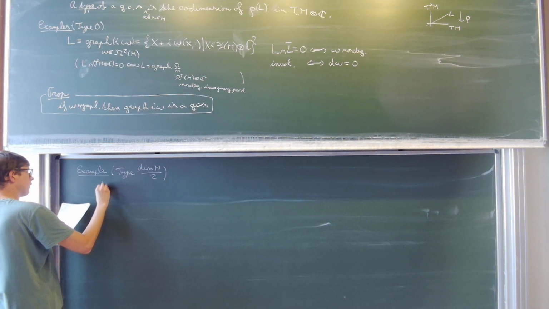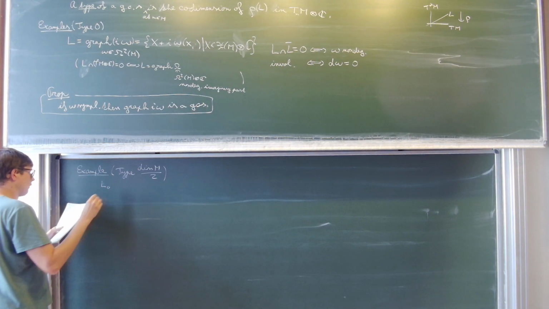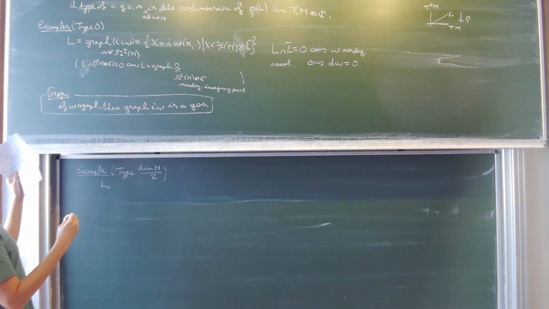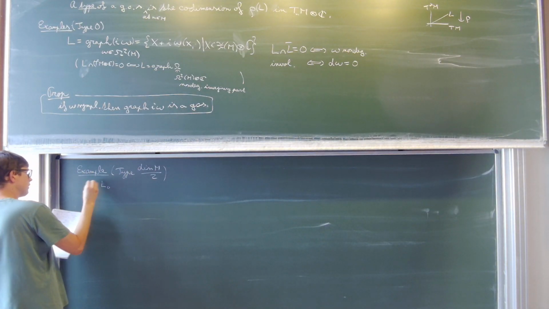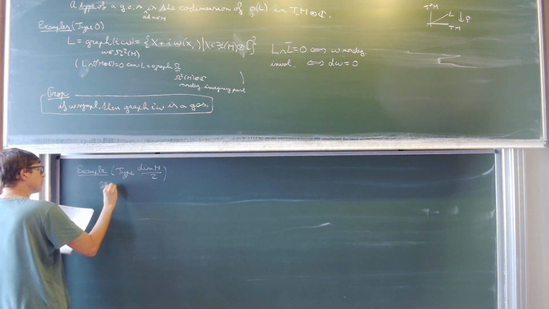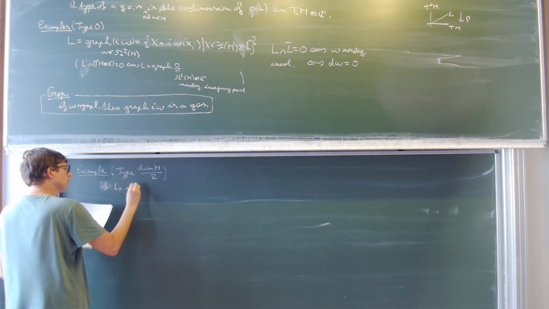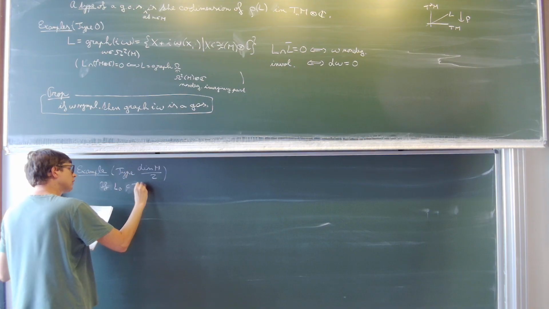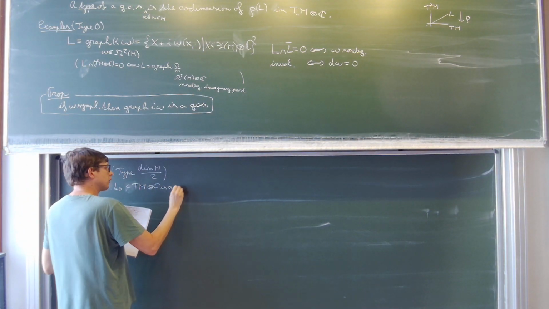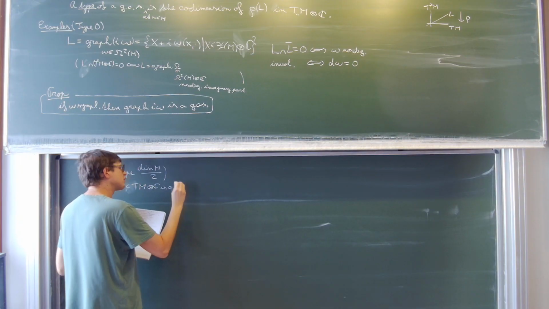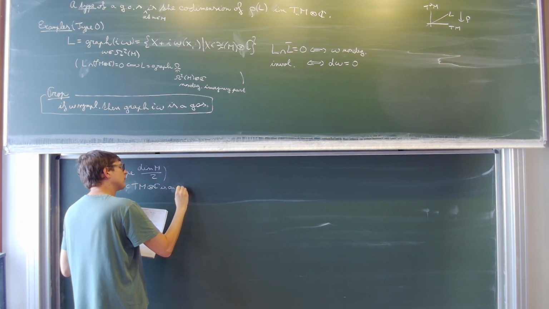So let's start with almost complex structures. Let's say L0, which is in T_M complexified, is an almost complex structure.